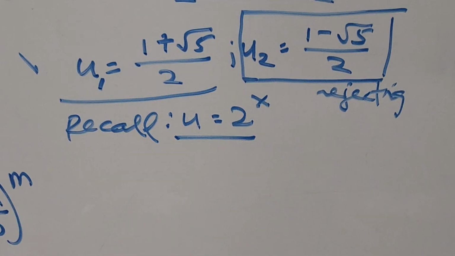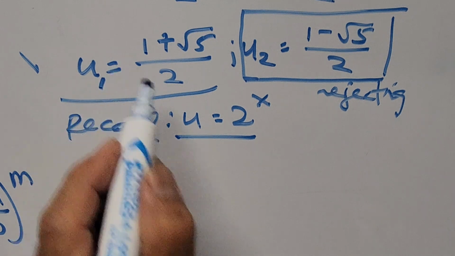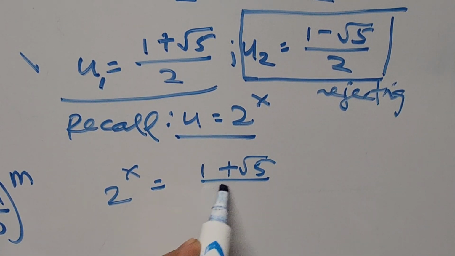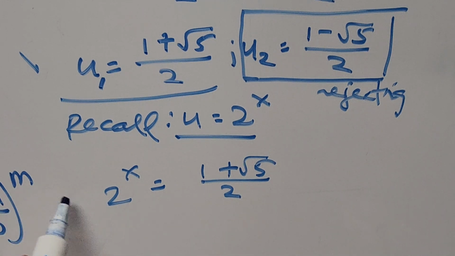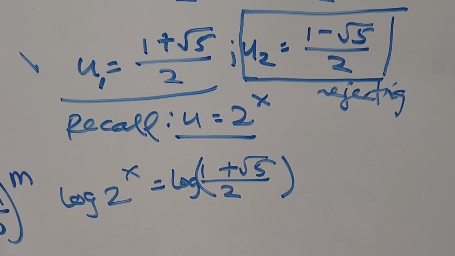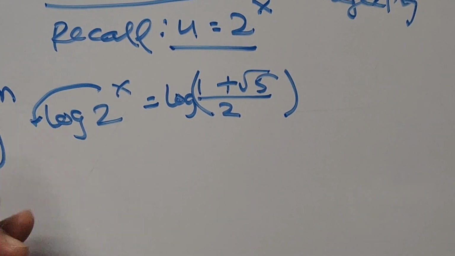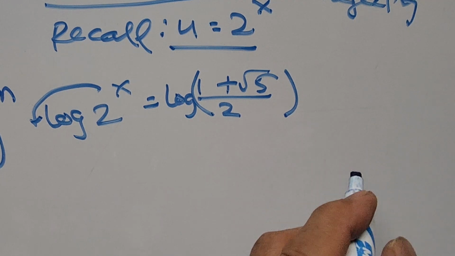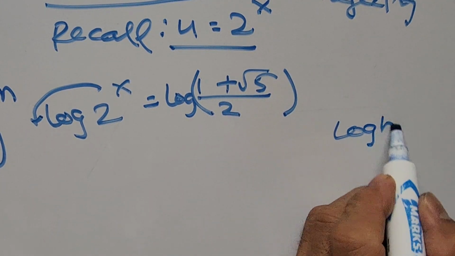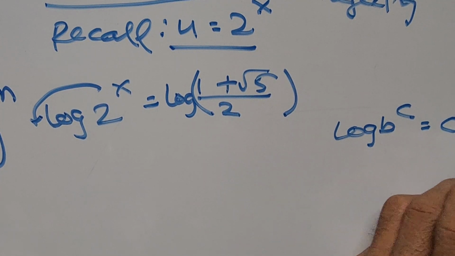Okay. So now we have 2 to the power of x is equal to the value of u, 1 plus square root of 5 over 2. And from here, we're taking the logarithm on both sides of the equation, and the exponent x goes down to the front. From the exponent power rule of logarithm, log of b to the power of c is equal to c times log of b.